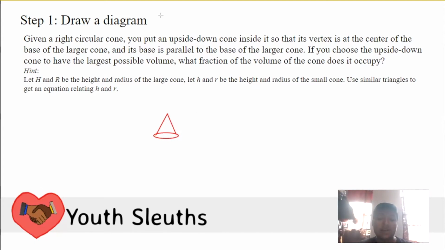So now that we have our smaller cone, we know that it's inside a larger cone with the vertex being right here, at the middle of the base of the larger cone. So with that information, we can draw the larger cone.